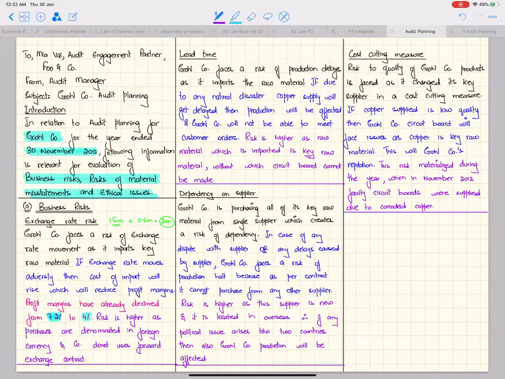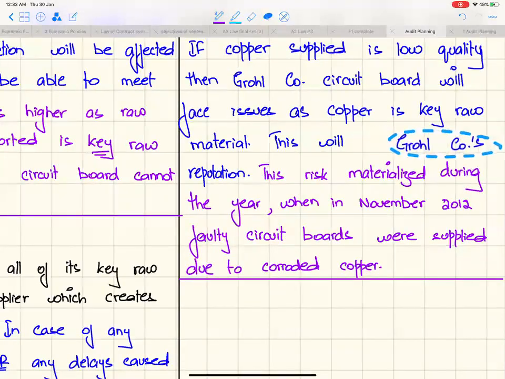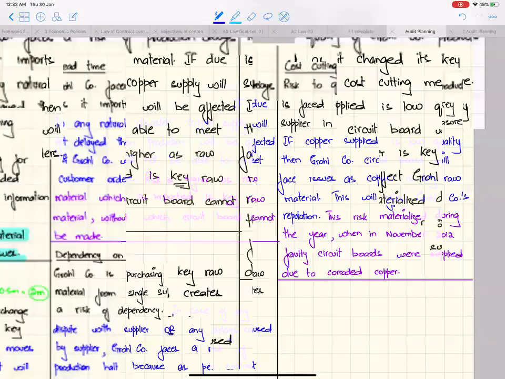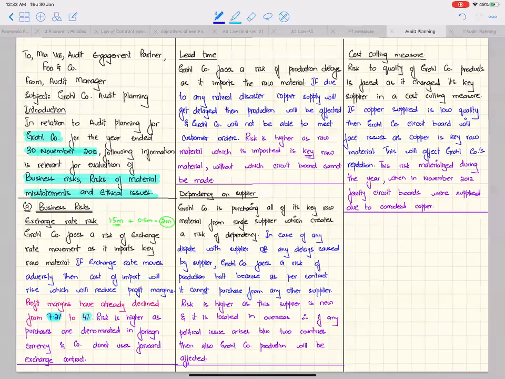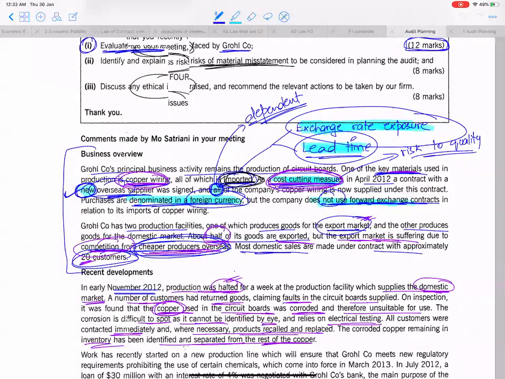This will affect Grahak company's reputation. This risk materialized during the year when in November 2012, faulty circuit boards were supplied due to corroded copper. Okay? So we wrote this risk of cost-cutting measure also.